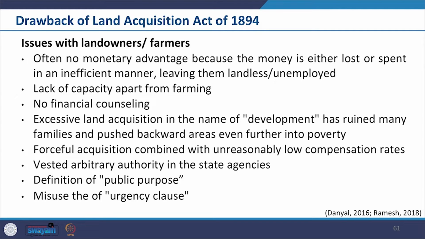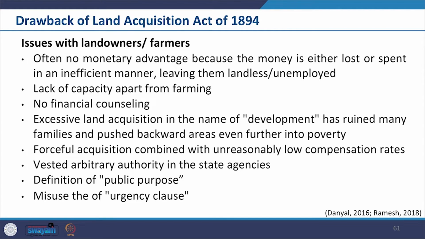Low rate of compensation, like as per the Supreme Court observation, it noted that the Act has become outdated and needs to be replaced at earliest by fair, reasonable and rational enactment in tune by the constitutional provisions, particularly Article 300A of the Constitution deals with persons not to be deprived of the property save by the authority of law. Then researchers also point out widespread misuse of the urgency clause.